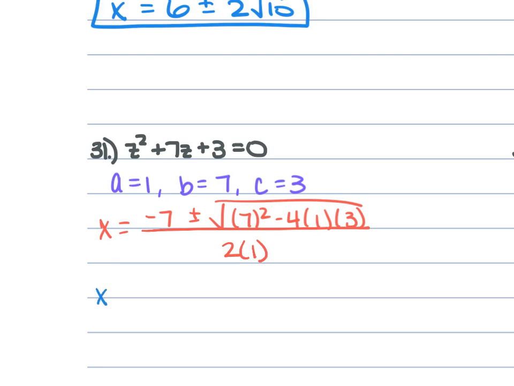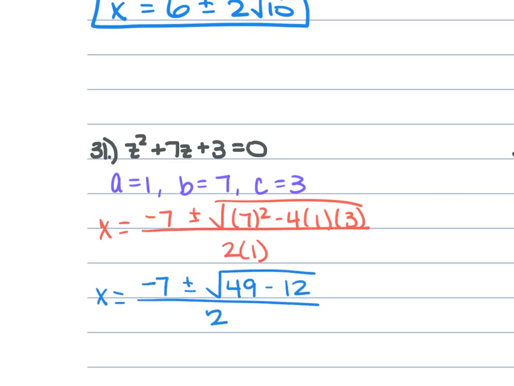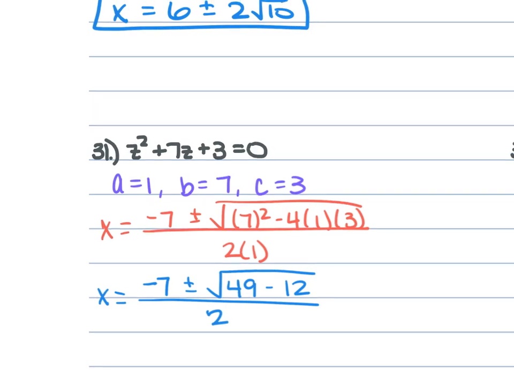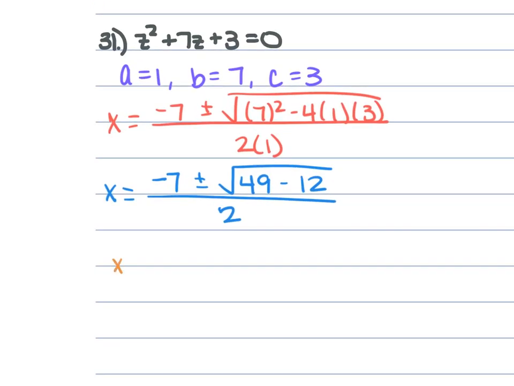So simplifying this, x is equal to negative 7 plus or minus the square root of 49 minus 12 all over 2. That 49 minus 12 gives us 37. So x is equal to negative 7 plus or minus the square root of 37 all over 2.